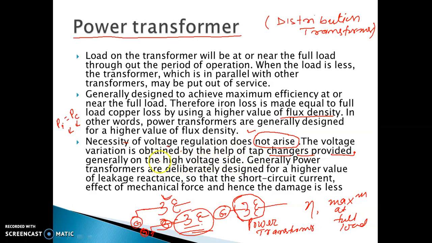Generally, power transformers are deliberately designed for a high value of leakage reactance, so that the short circuit current, the effect of mechanical force and hence the damage is less. This is the main criterion for the design of the power transformer.